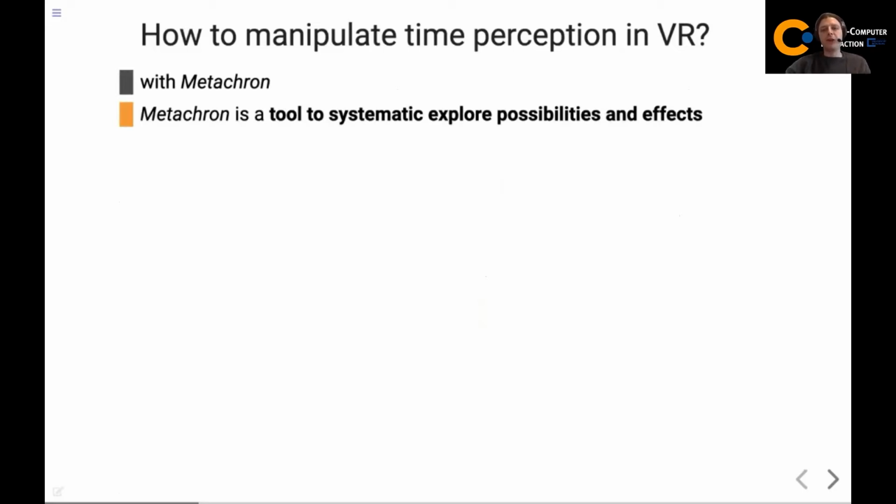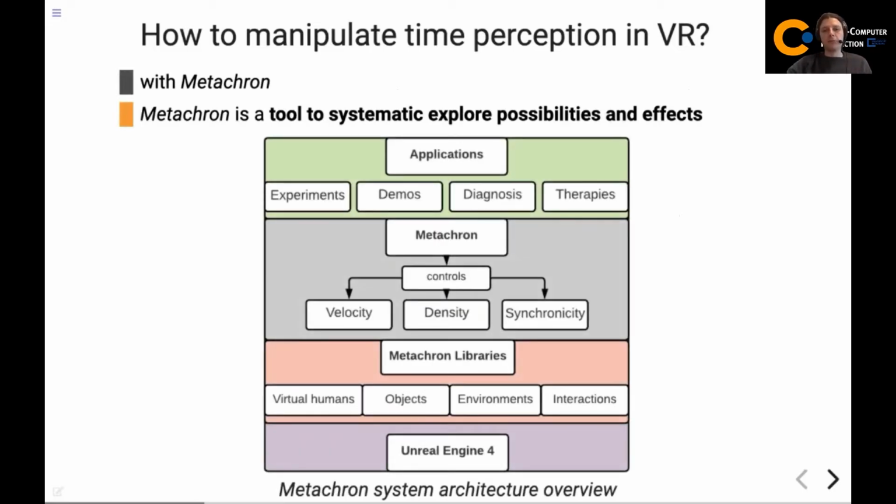The very rough overview of our current architecture looks like that. In the project group, we support the experiments and build demos, and further we plan to build an application to diagnose altered time perceptions, and in the end to build therapies to help people suffering from them.